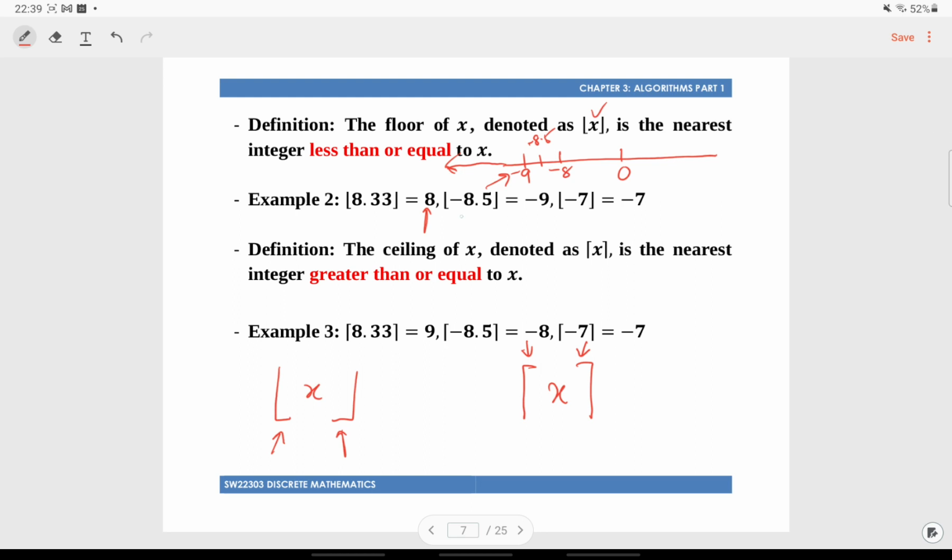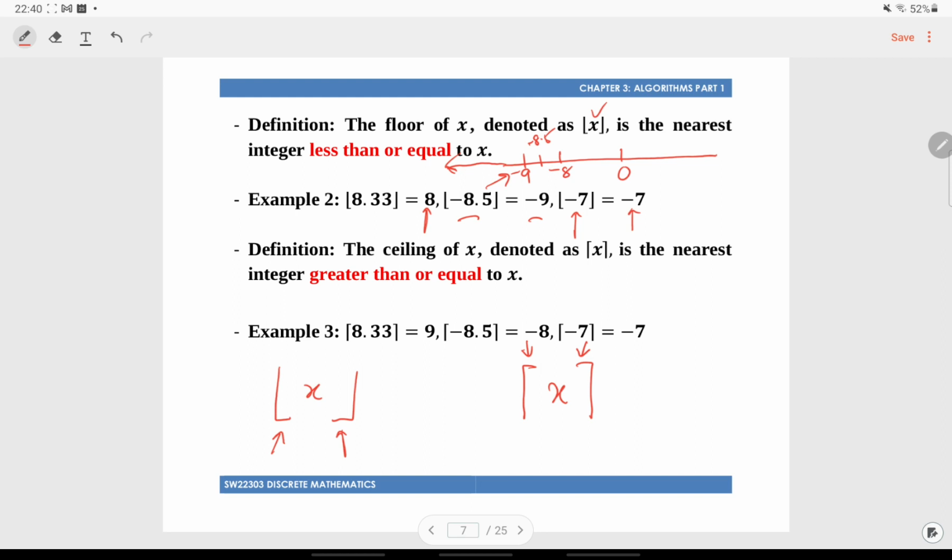That is why the floor of negative 8.5 equals negative 9. The floor of an integer is the original number. For example, the floor of negative 7 is equal to negative 7.